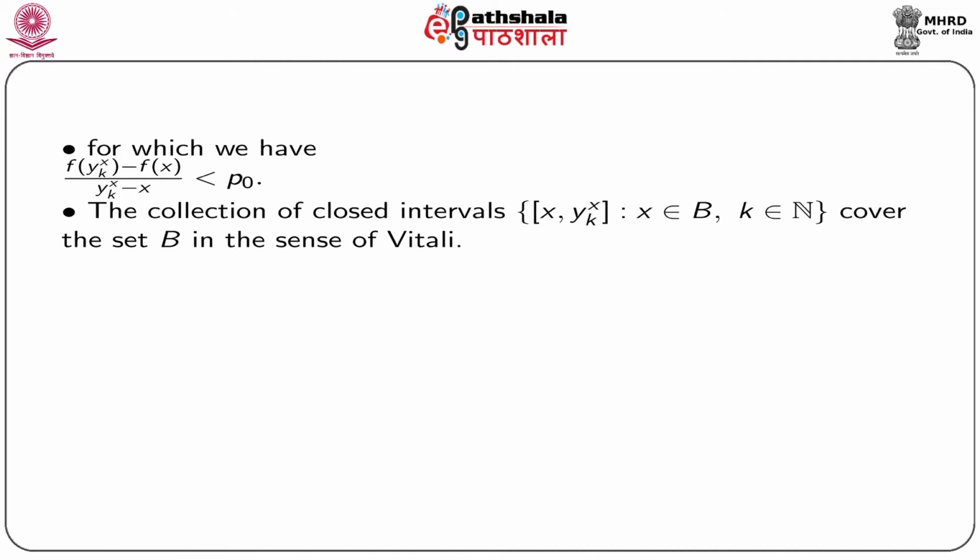See that from the definition of D lower plus, for each small positive number we can get such an interval whose length is less than the specified small number, and obviously each interval [x, y_{x,k}] contains the point x. And so, this particular collection of closed intervals covers the set capital B in the sense of Vitali.